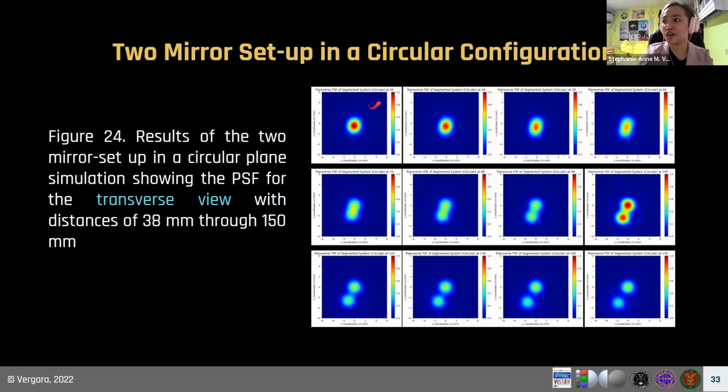So here is the maximum intensity, which can be found at the focus of the setup.